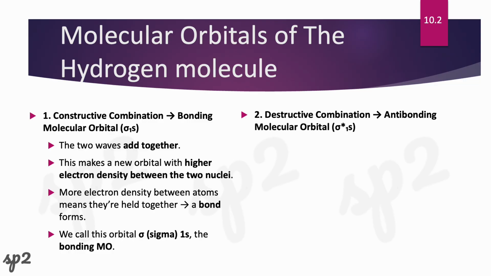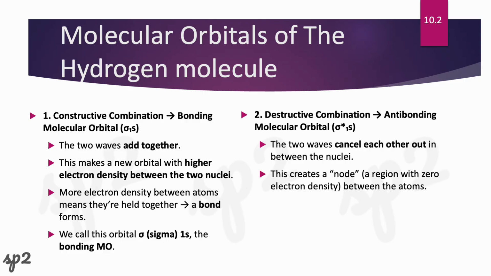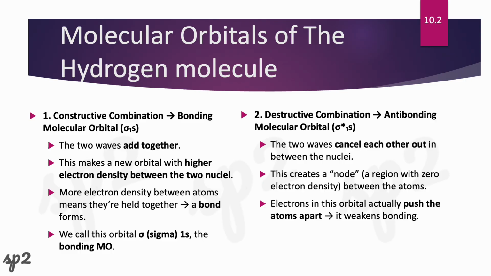Now you may have the destructive combination, which forms the anti-bonding orbital, where the two waves cancel each other out. They create what is called a node, which is a region with zero electron density between the two atoms. So there are absolutely no electrons between the two atoms in the node area.